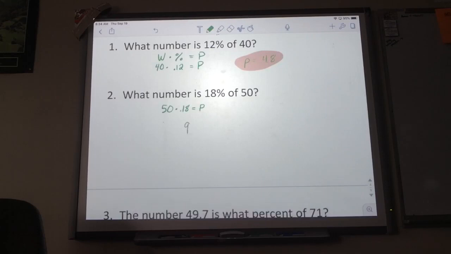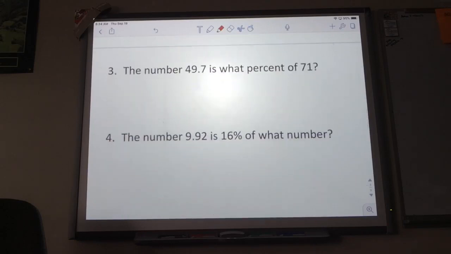So 9 equals P. And remember, the percent problems will always be on the calculator portion, so you do not have to work them out or try to multiply by hand. If you would like to, I would always check with a calculator if you have that opportunity.